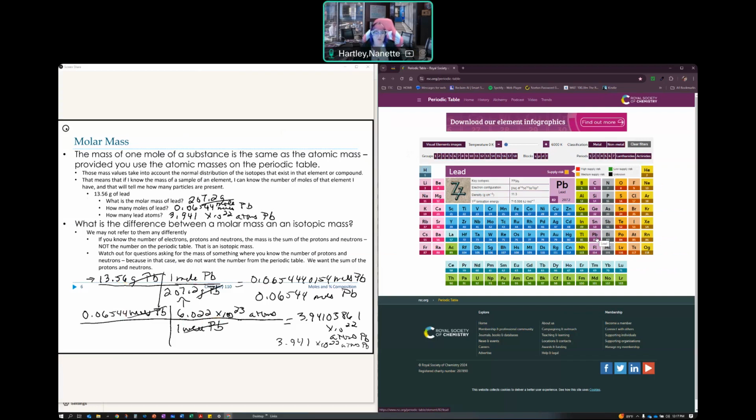So what's the difference between a molar mass and isotopic mass? We talked about this, remember? So we may not refer to them any different, okay? But if I know the number of electrons, protons, and neutrons, the mass is the sum of the protons and the neutrons, okay? And not the number on the periodic table.